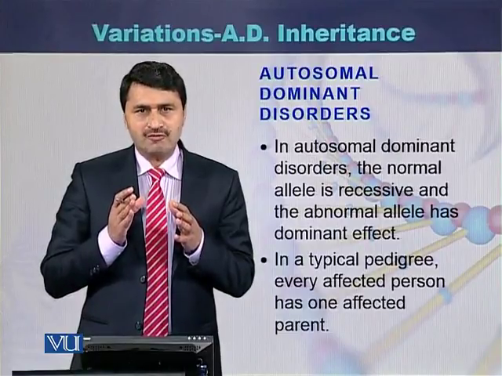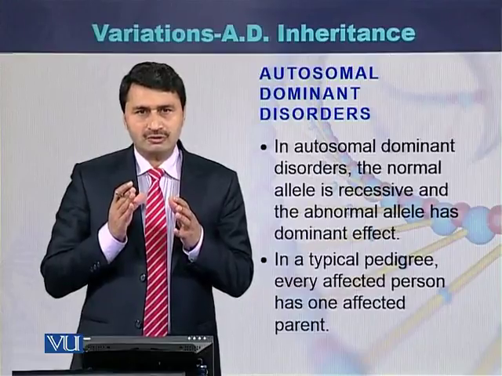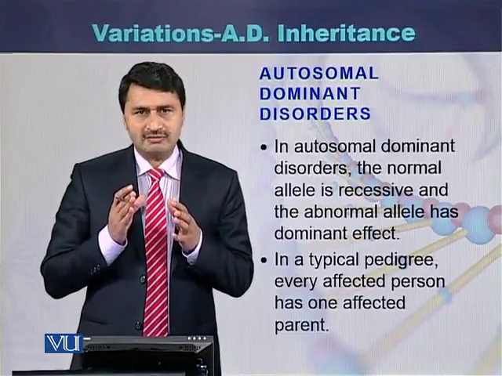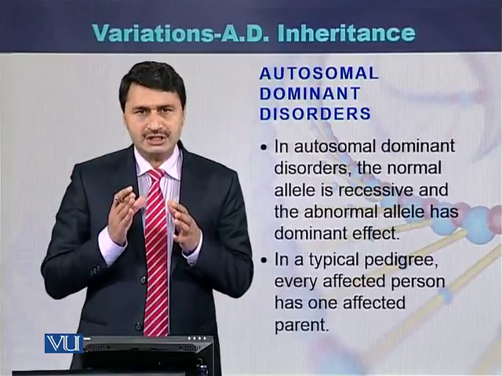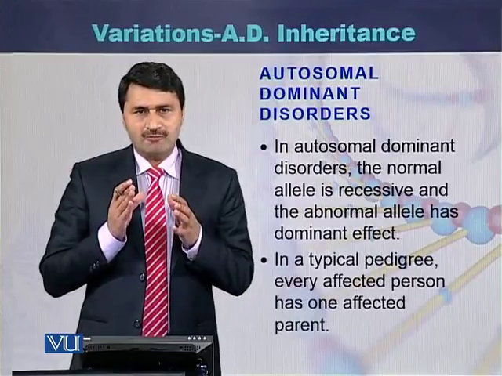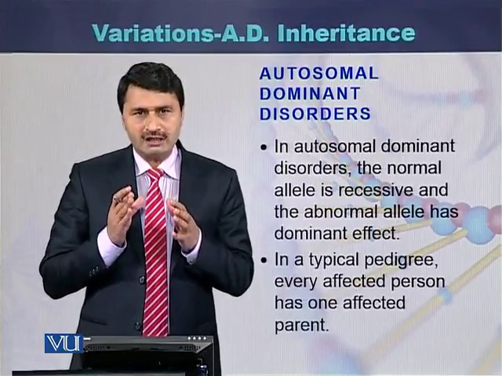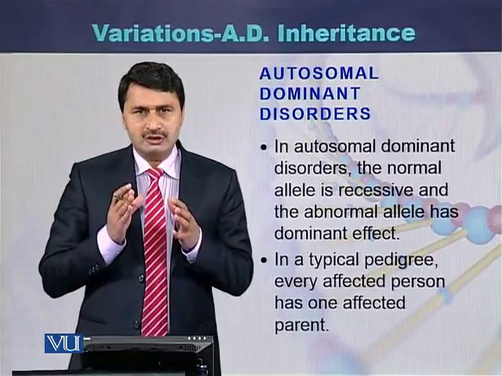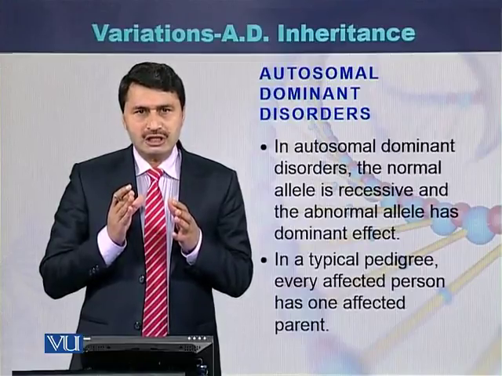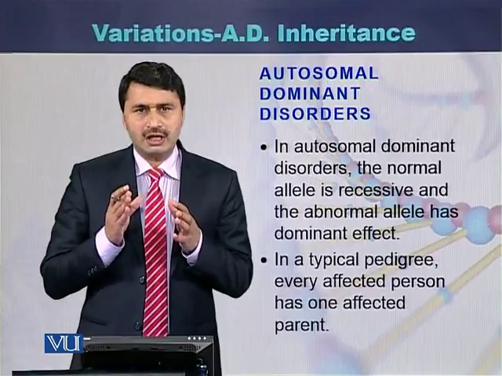So in case of parents, or in case of those individuals that have the autosomal dominant disease, they have two alleles. One allele is normal while the other allele is mutated. So the mutated allele is usually dominant over the normal allele.